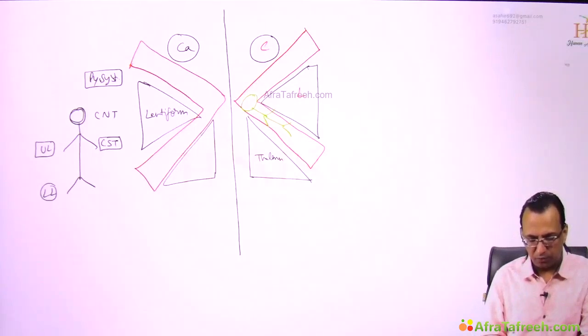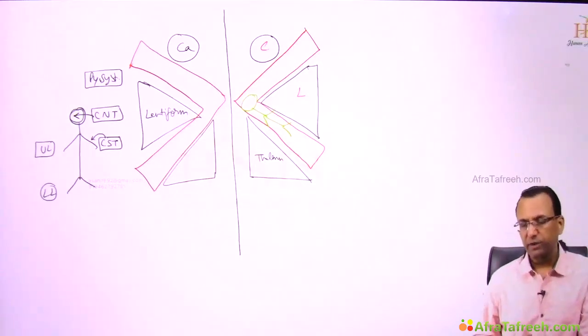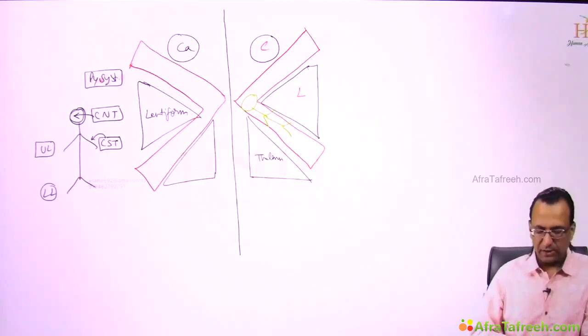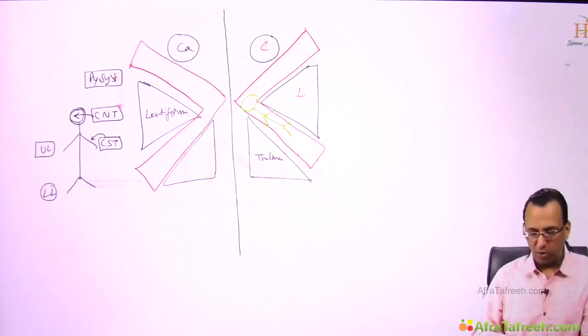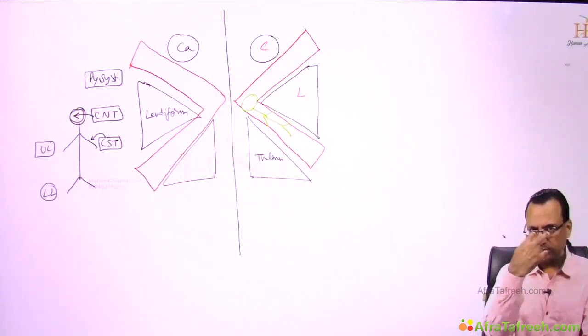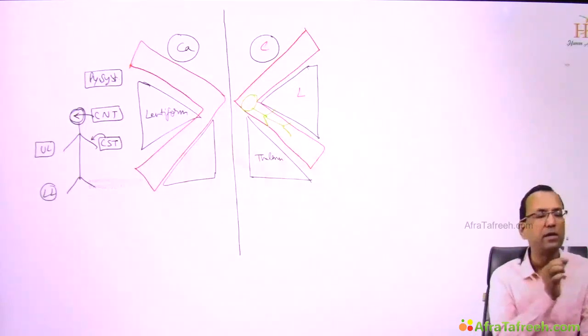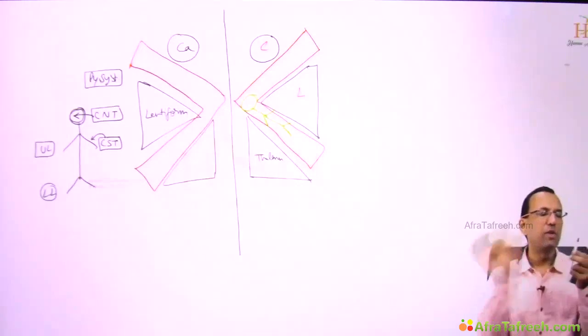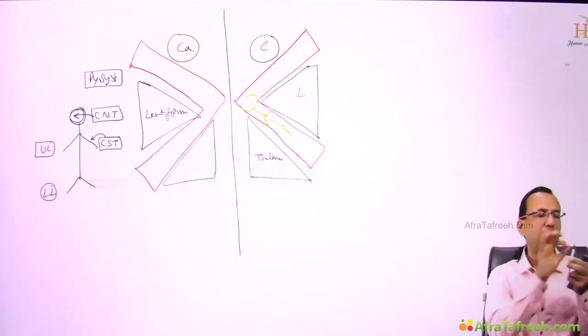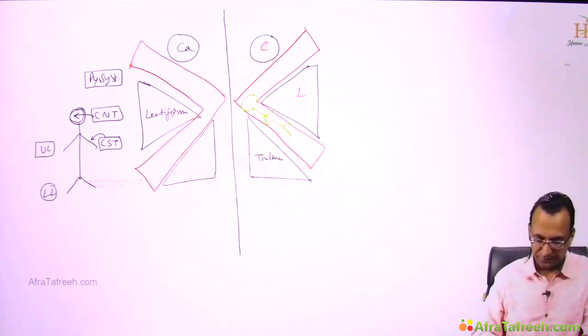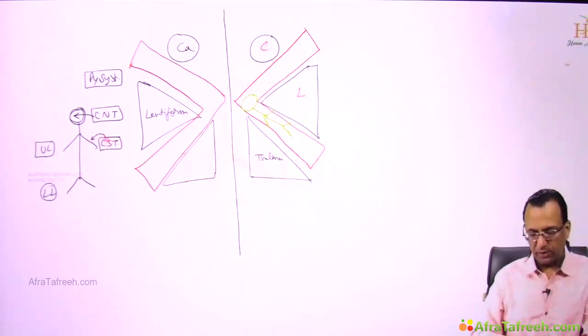If I want to move the eye muscle, corticonuclear tract, and if I want to move the finger muscles, then corticospinal tract. The corticonuclear tract helps me to move my eye muscles to look at the eye of the needle, and if I want to move my finger to put the thread into that, I need the corticospinal tract to move the upper limb. Together this is the pyramidal system.